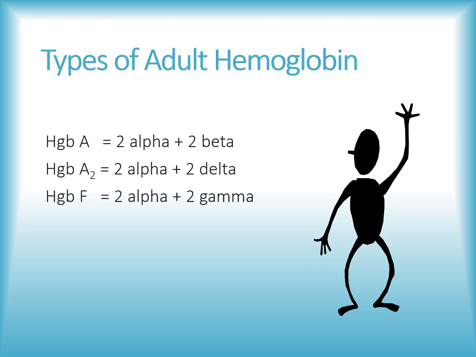Once we have exited embryonic and fetal development, we now have alpha chains in every type of hemoglobin. So alpha chains are imperative to normal hemoglobin development. And we do have a couple of things that can affect the production of alpha chains, which can be detrimental, because those alpha chains are imperative to make any type of hemoglobin at this stage of development.